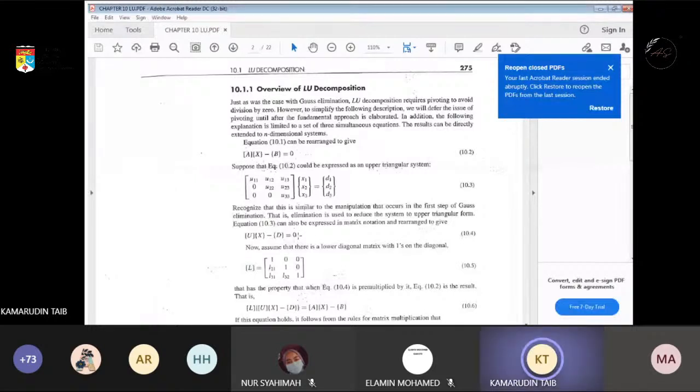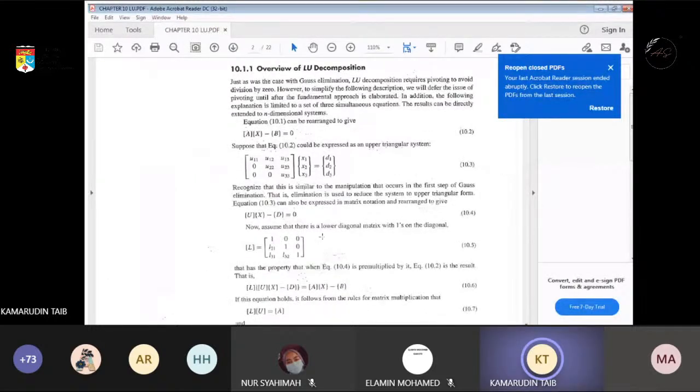Now assume that there is a lower triangular matrix with ones on the main diagonal as shown here. L has 1, 1, 1 in the middle and then 0 on the upper elements.